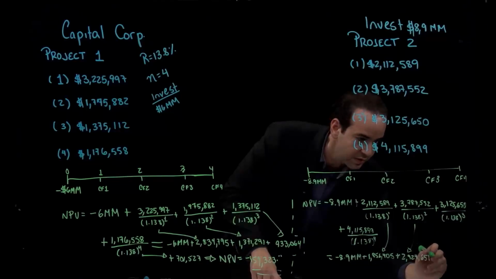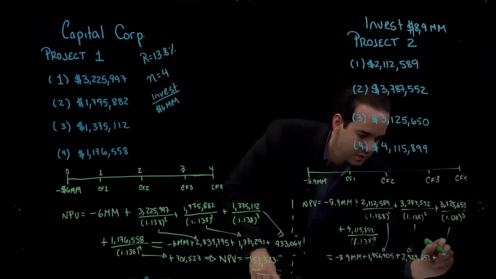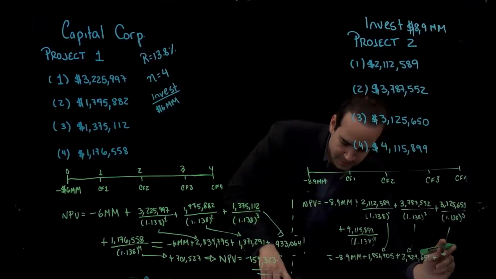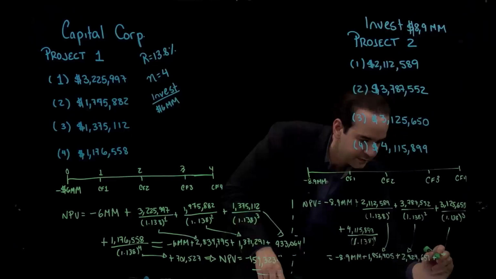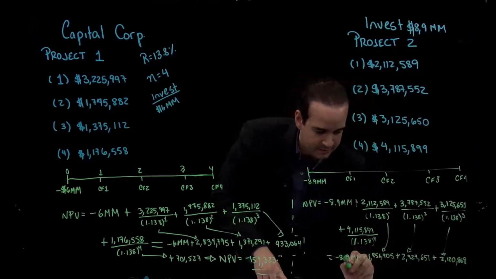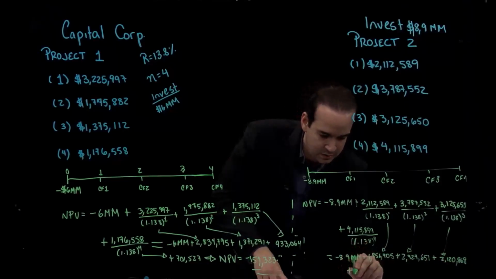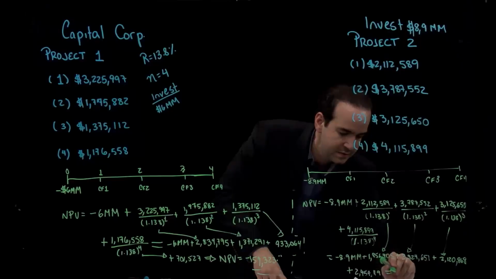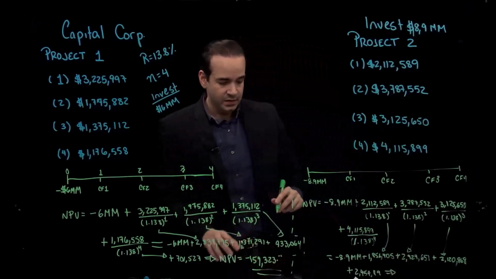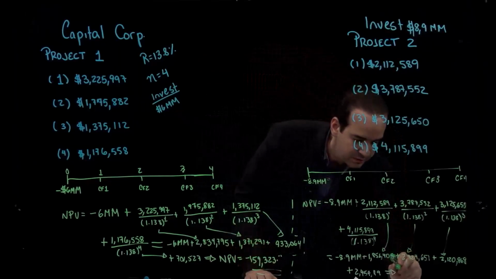And then we're going to add the third cash flow, which is 2,120,868. If you cannot see this clearly, I'm just mentioning the number. And finally, the fourth cash flow, 2,454,119.